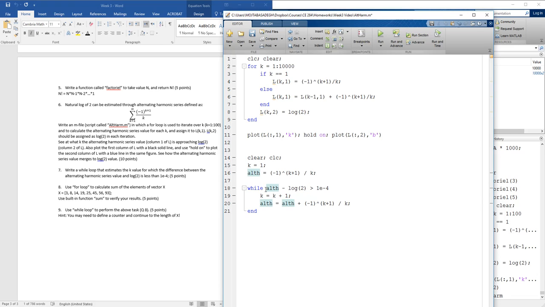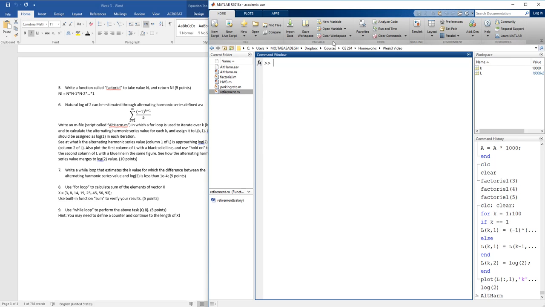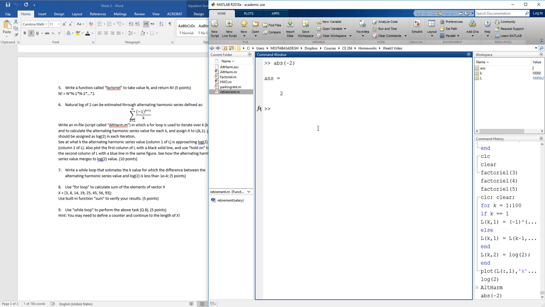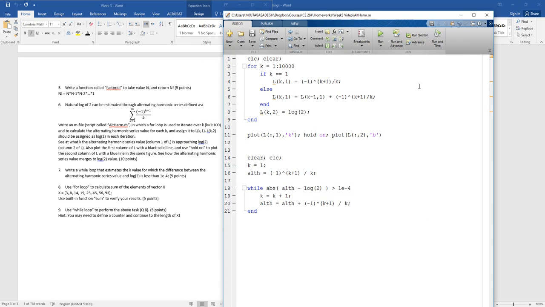So when I only care about the absolute difference between two values, I use absolute value. ABS is absolute value. ABS of negative 2 is 2. ABS of 3 is 3. So the absolute value is basically, there's no sign for the value, it's just the absolute.